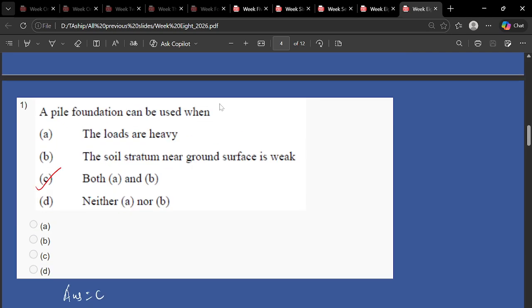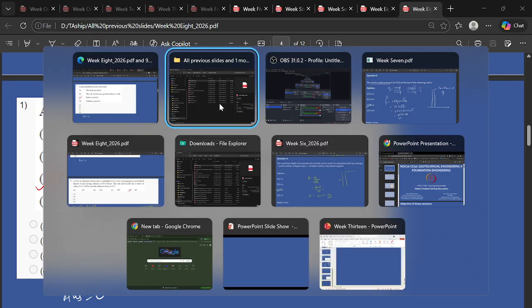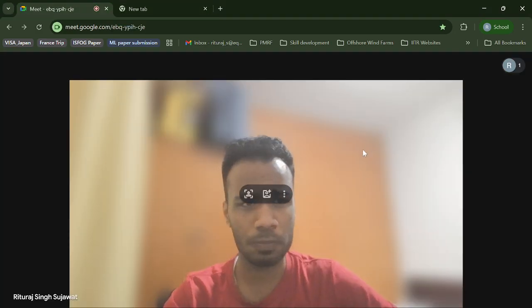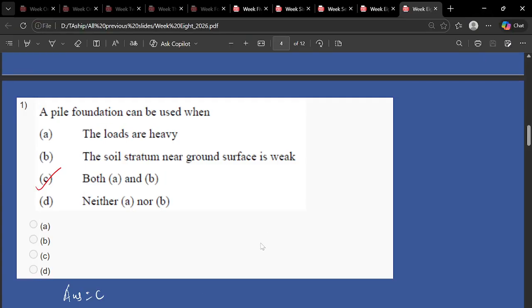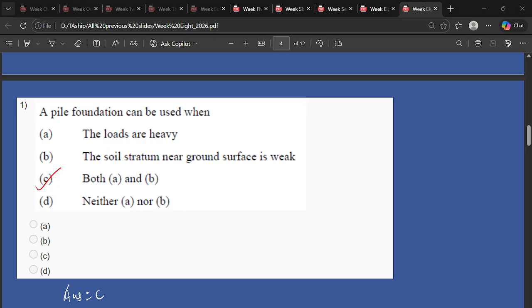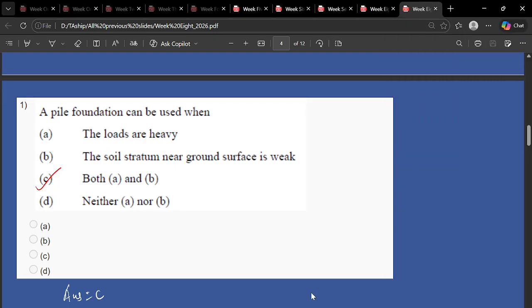So where do we utilize the pile foundation? Pile foundation is considered in the scenario when you want to transfer the loads to a very large depth. So in that case, you take the pile foundation into account.